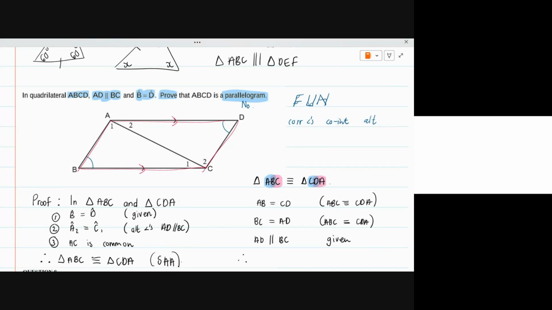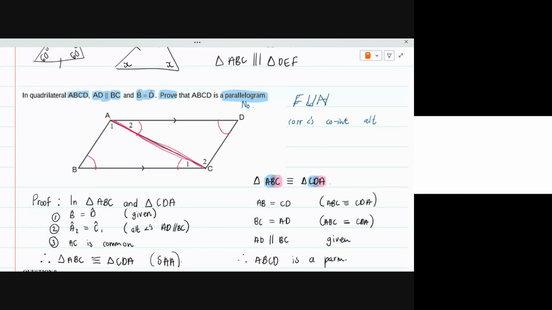It's side angle angle, Abu. Have a look. I'll show you here. I've got a side there and that angle and that angle. Also on the other side, I've got a side there and that angle and that angle. Okay, it's all good. Therefore, we can then conclude that ABCD is a parallelogram.